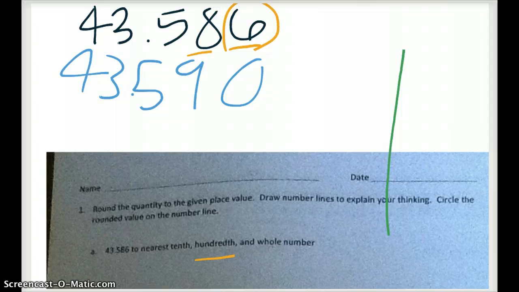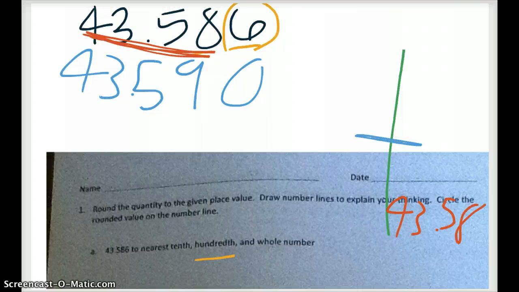Okay, and then we have the number line, and Jacob, what's going to be at the bottom of our number line? 43.589. Yeah, not 9. 43.58, because it's always at the bottom, because that's the minimum it can be. Okay, so you can write that at the bottom of the number line. And what's going to be our midpoint?